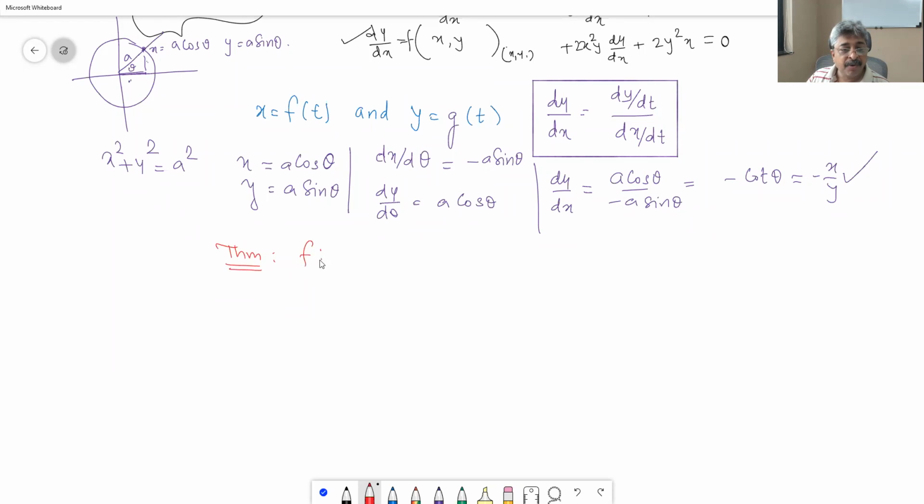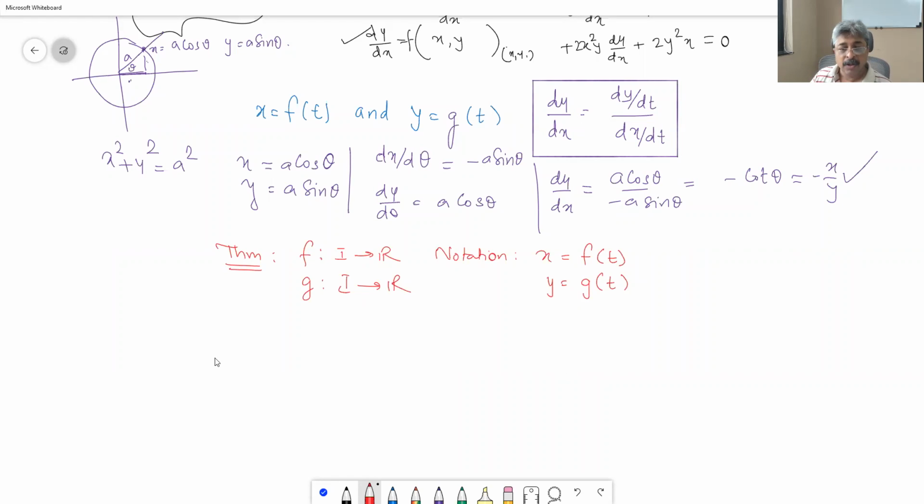Let f be defined from I to R. Let g be defined from I to R. Notation: x is equal to f of t, and y is equal to g of t.